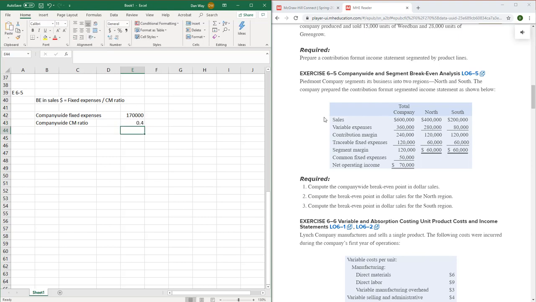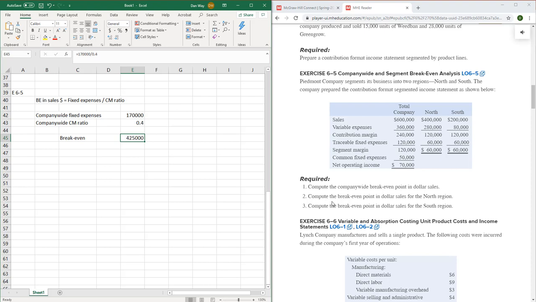That's 40% or 0.4. So then the break-even point becomes the total fixed expenses, 170,000, divided by that 0.4 or 40% CM ratio, for a total break-even of $425,000.